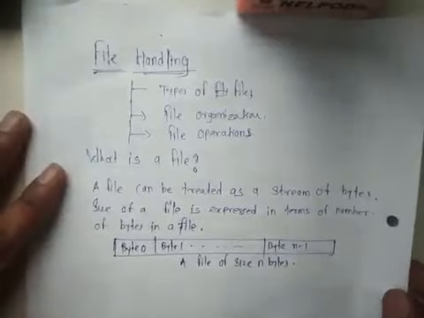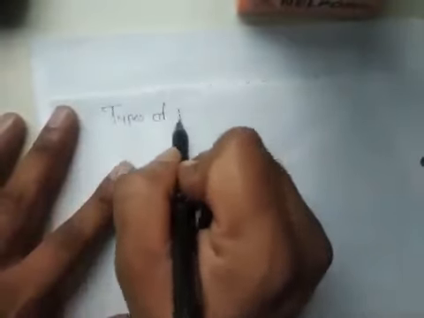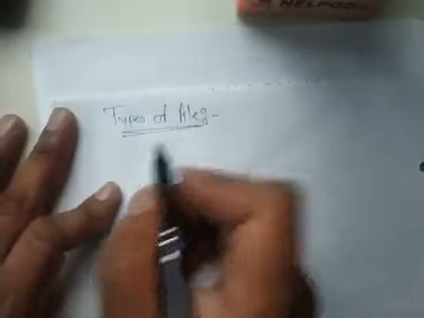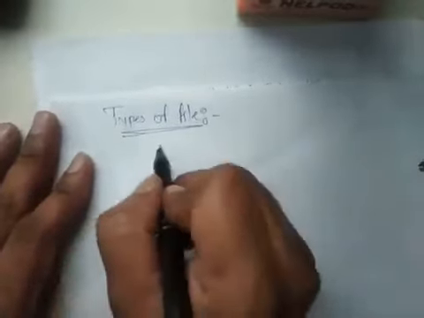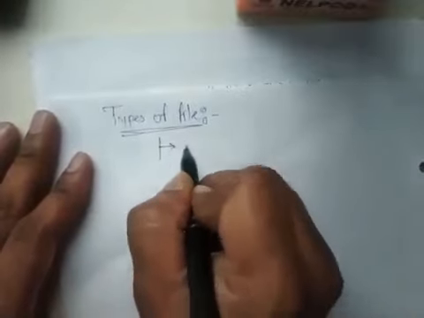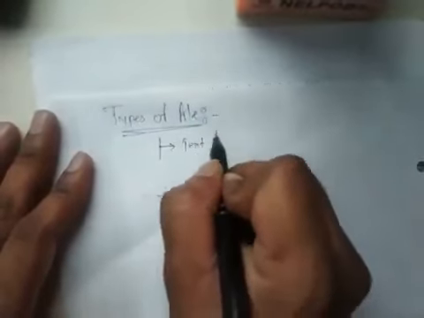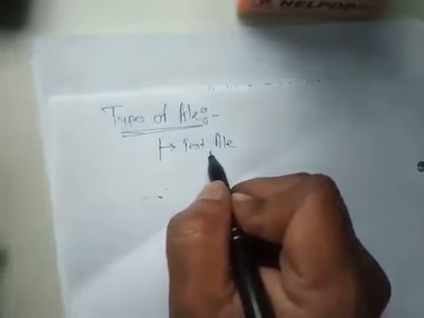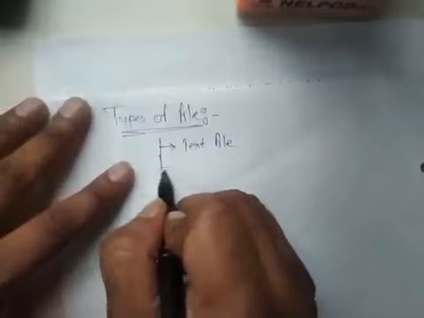Now we are going to see the types of file. The basic type is the text file, and the second type of file is the binary file.